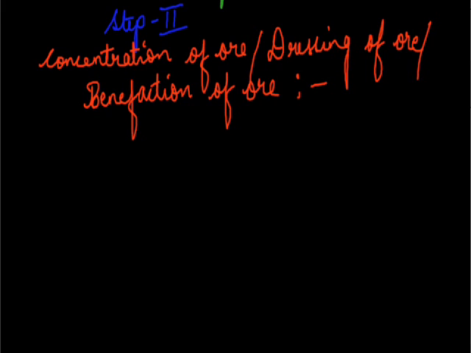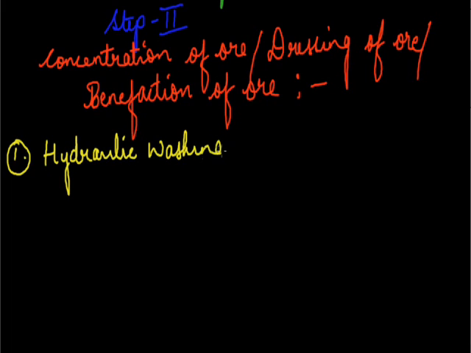So how can we remove these impurities? We'll see that. First is by hydraulic washing. Now in hydraulic washing, water is used and by that water the ore is washed. After the ore is washed, the ore, if it has more density, will settle down and the lighter density impurities will be washed away by the water.